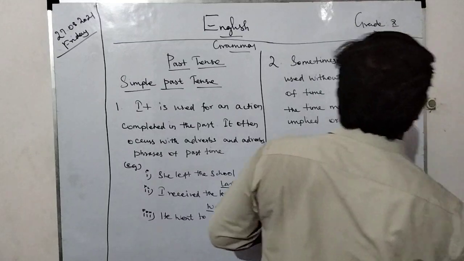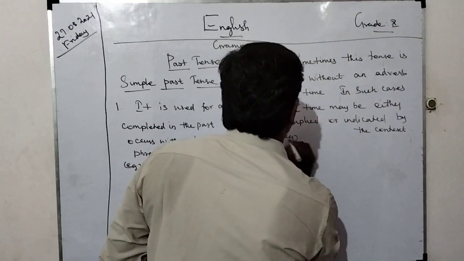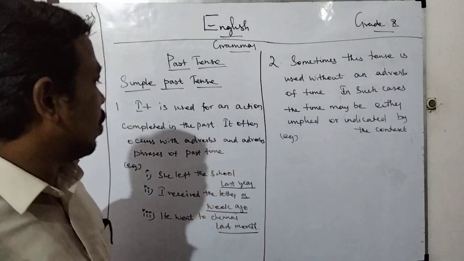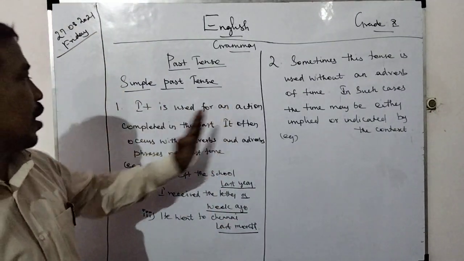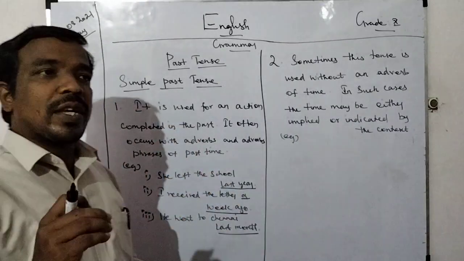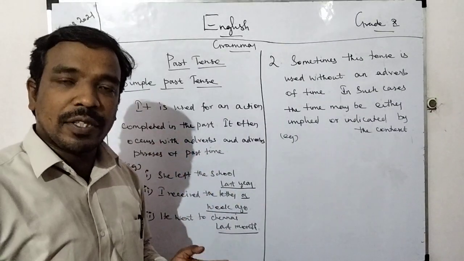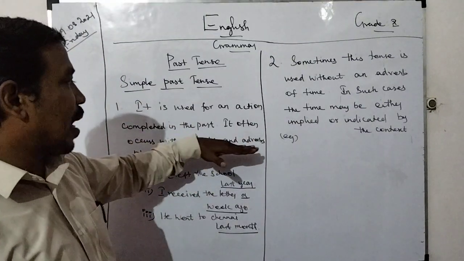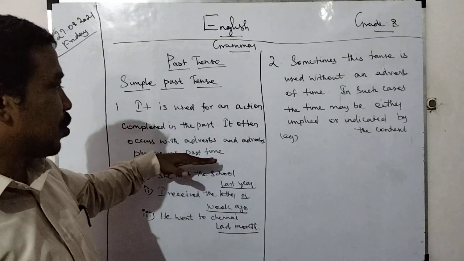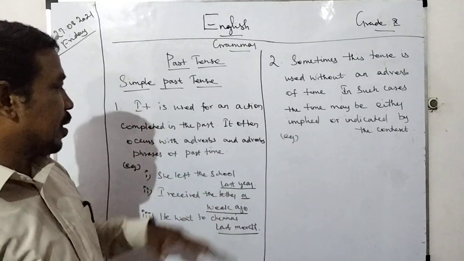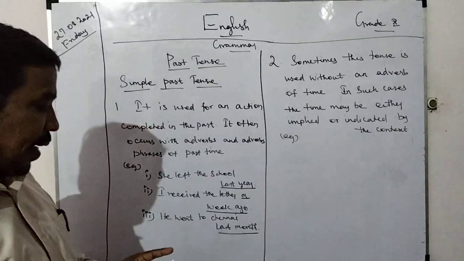Listen, students. The first rule is that it is used for an action completed in the past. India got independence in 1947. It often occurs with adverbs and adverb phrases of past time: she left the school last year, I received the letter a week ago, he went to Chennai last month.